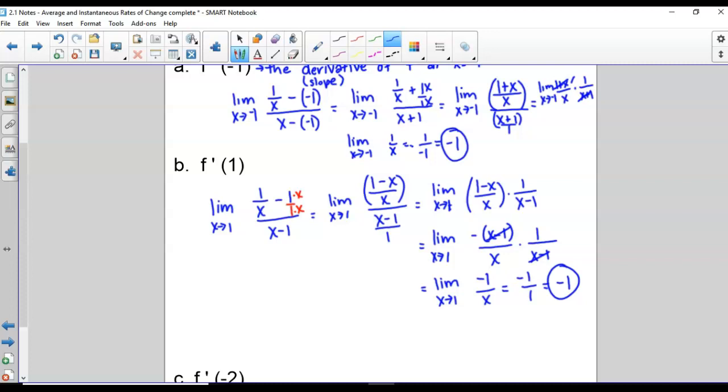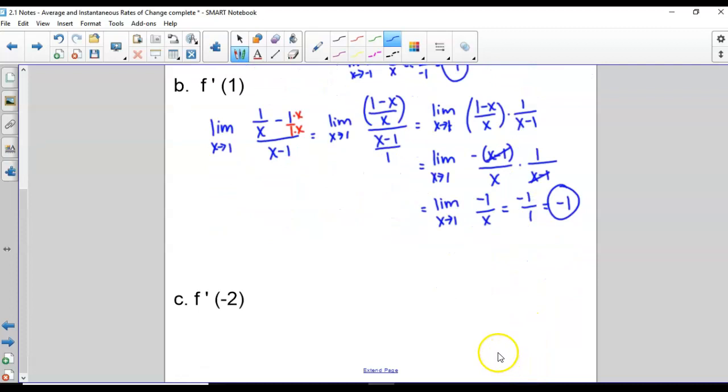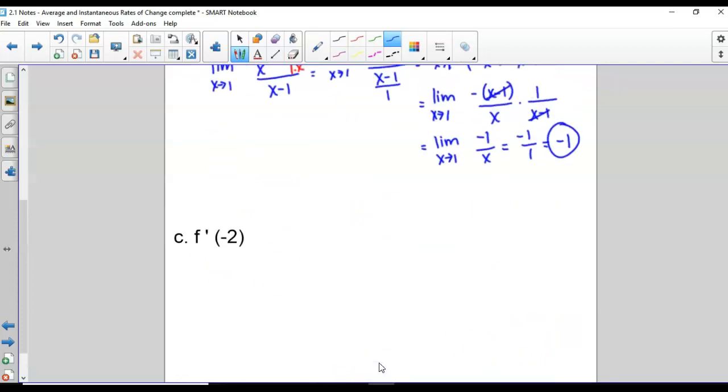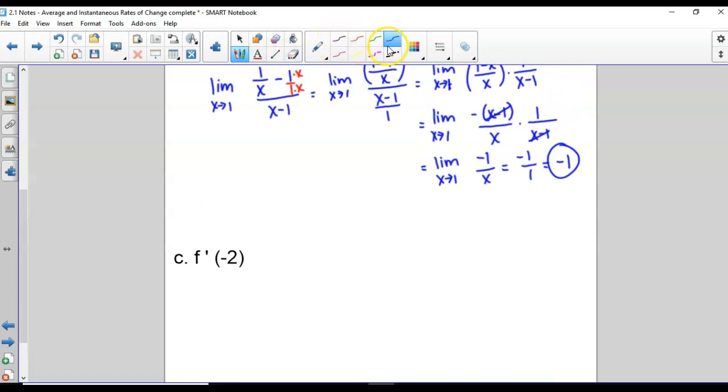Alright, any questions there? Oh, and we've got one more to go. So for this last one, we've got f prime of negative 2. So that a this time is going to be negative 2. So we're going to have the limit as x approaches negative 2 of 1 over x minus 1 over negative 2, all over x minus negative 2.